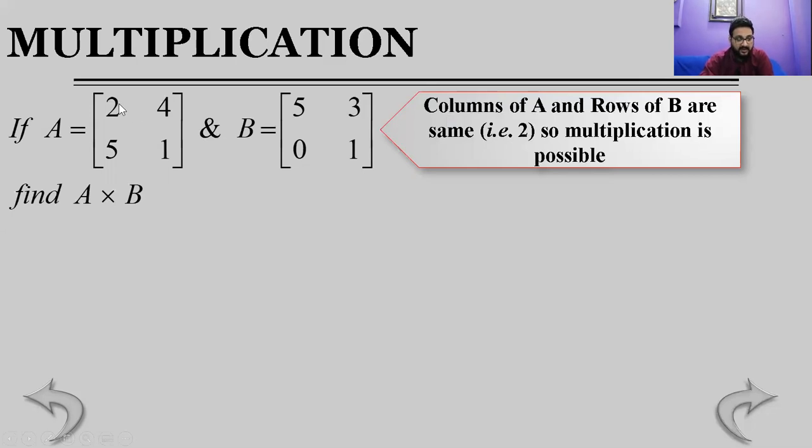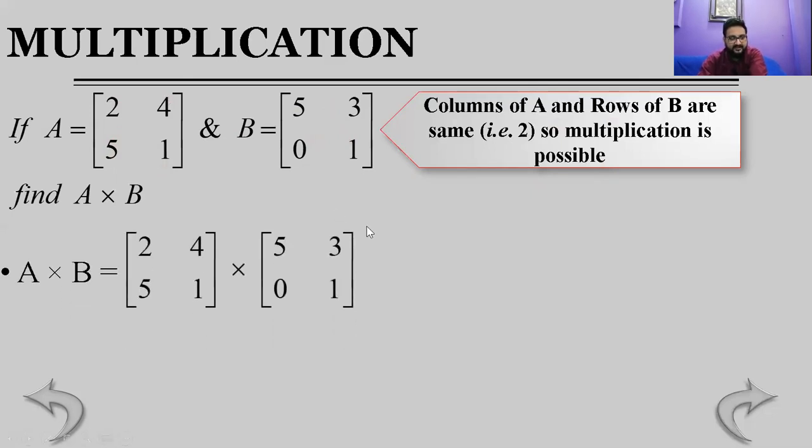Columns of A, it's mean this. How many columns in A? 1, 2. And how many rows in B? 1, 2. So multiplication is possible. Multiply हो सकता है.